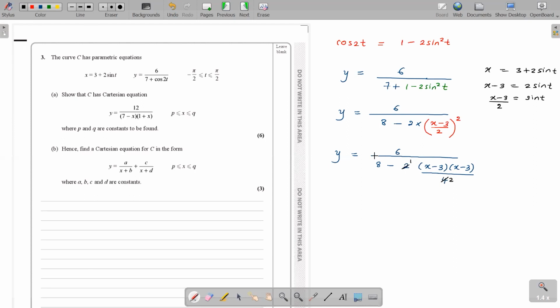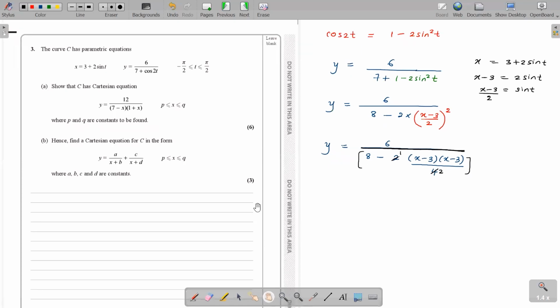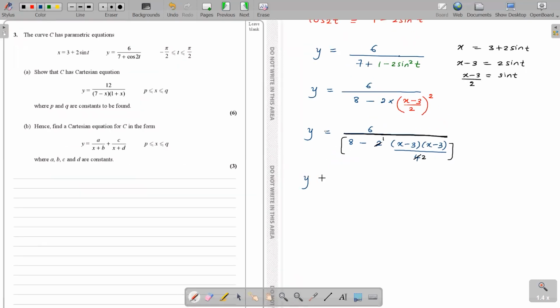Now this looks really confusing for us to work with. So one of the best ways to express this particular fraction is by writing it in this manner. I'm going to write this as y equals 6 divided by, we could also say 6 into 1 over.